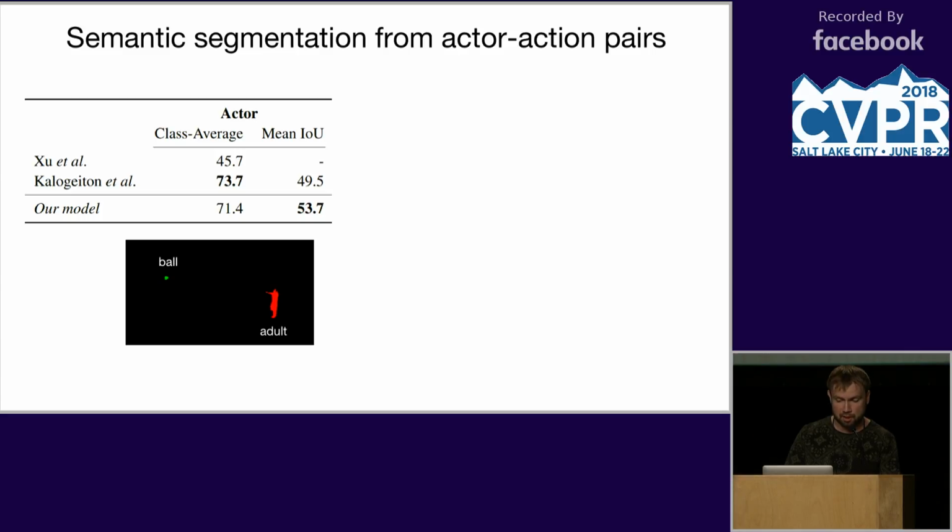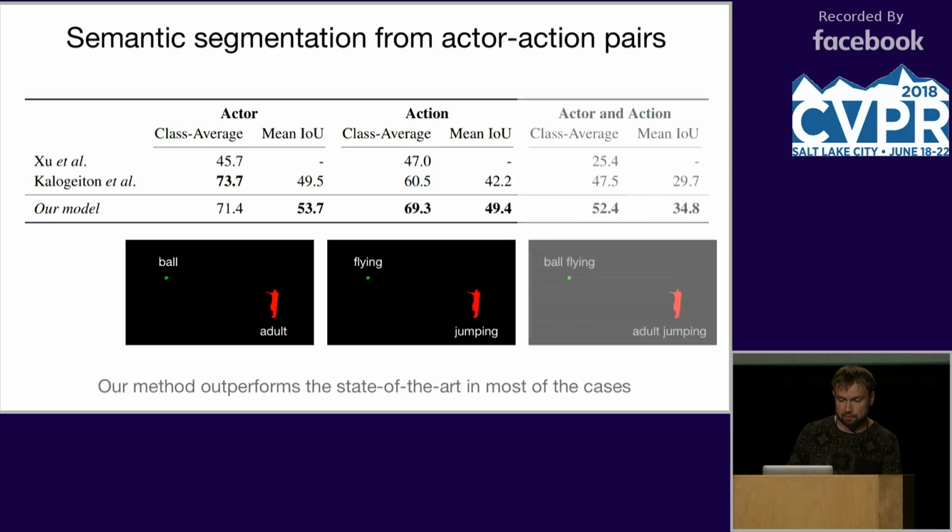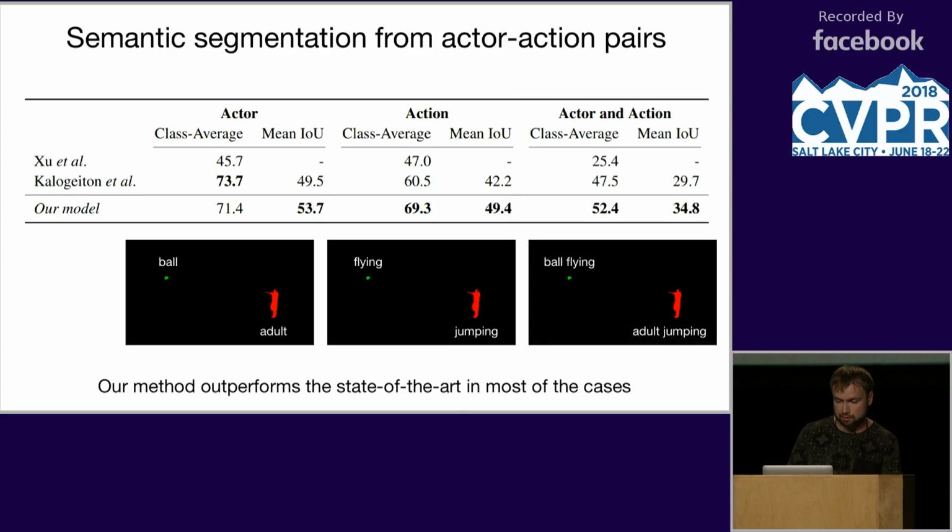In this setting, we perform on par with the state-of-the-art method, but when we want to perform segmentation for actions, we're much better than state-of-the-art. And combining all together, the result is also better.